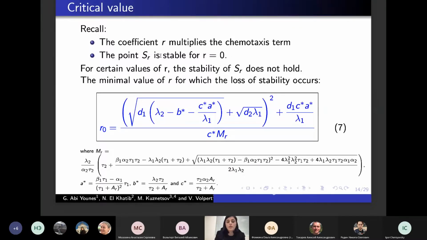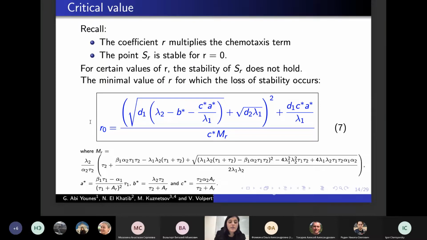Let me recall that the point SR is stable for r equals 0. As I told you, in the ODE system SR is always stable, and in the ODE system r is taken to be 0. But what about when r is strictly positive? In fact, the analytical calculation leads to the result that for certain values of r, the stability of SR does not always hold.